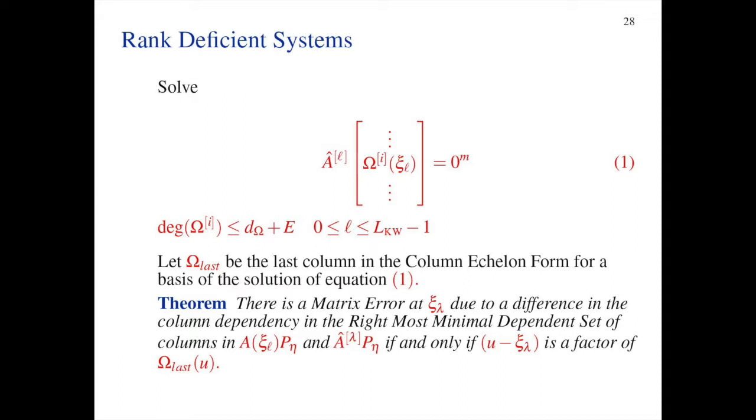When you do the column echelon form, you're already permuting the columns, so we don't know in advance what the last column is. But after you've computed it, the last one really represents a particular column in the original? Well, then it's not a particular column. Once you've evaluated, these columns represent the coefficients of a polynomial, right?